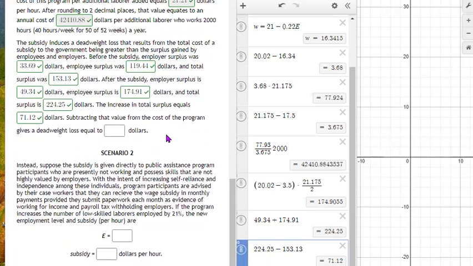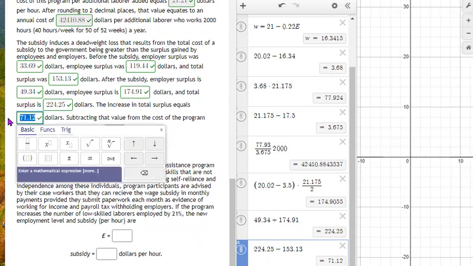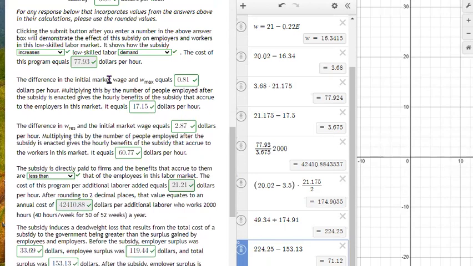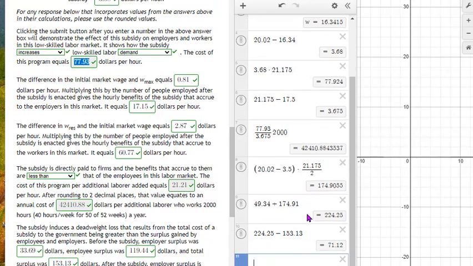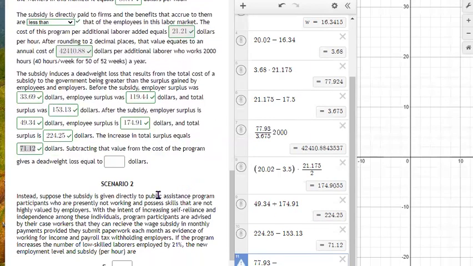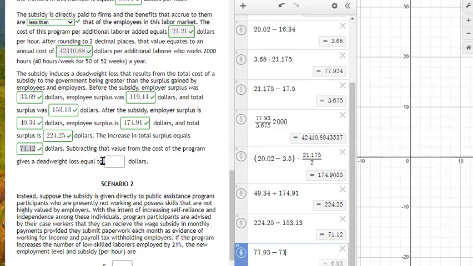Now we're going to subtract this increase in total surplus from the cost of the program. The cost of the program, if you remember, was 77.93. We're going to subtract from that the increase in total surplus, which is 71.12.